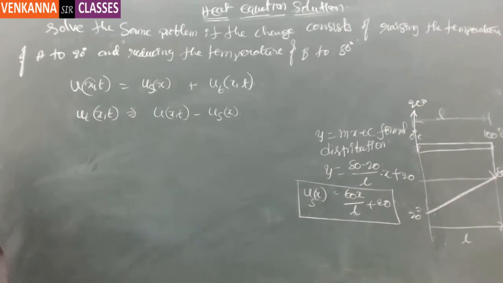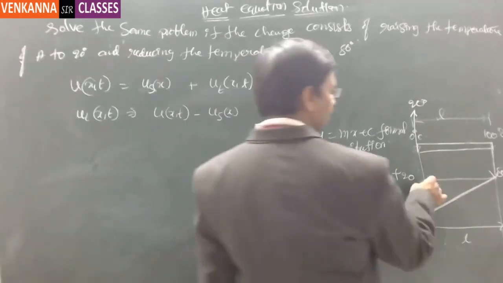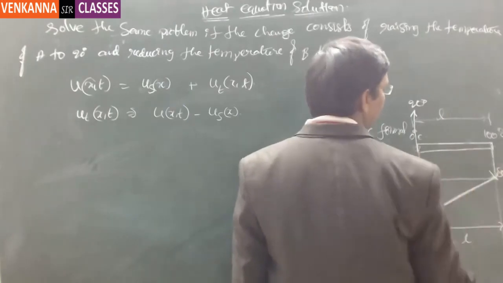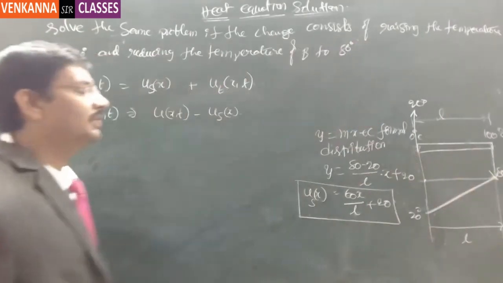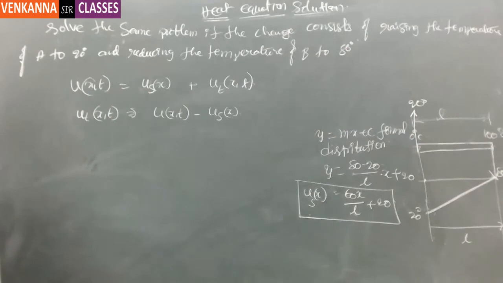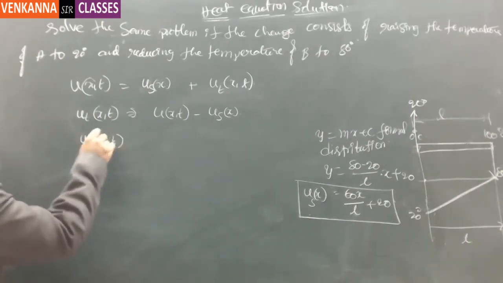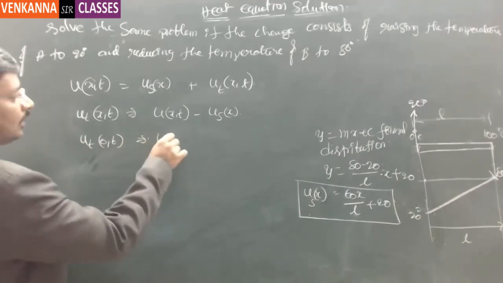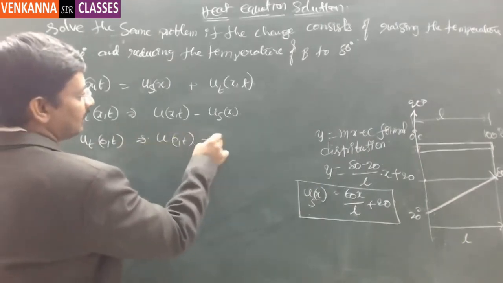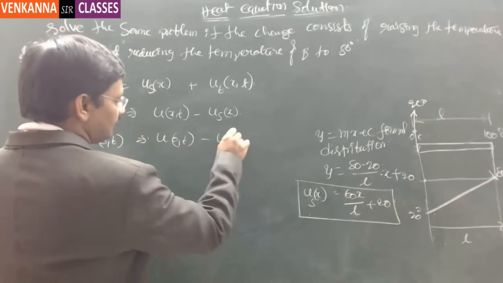Now this value, the initial conditions, is at x equal to 0, and the boundary conditions at x equal to L we will actually be deriving for t equal to 0. So u_t of 0 comma t is equal to u of 0 comma t minus u_s of 0.